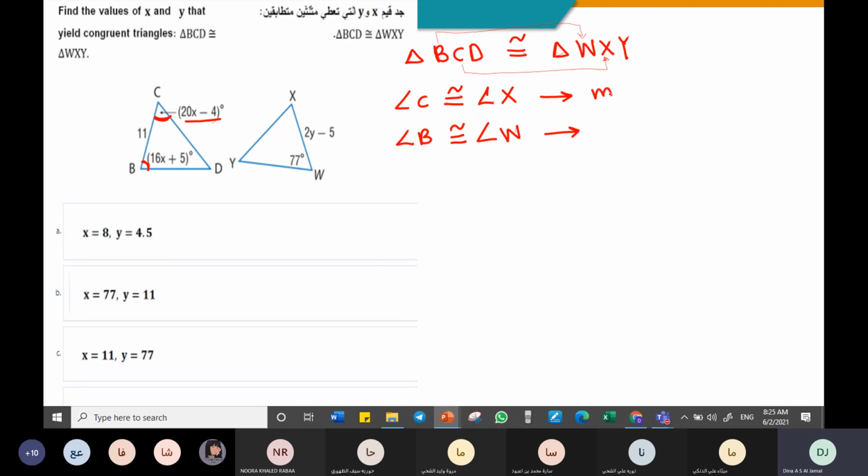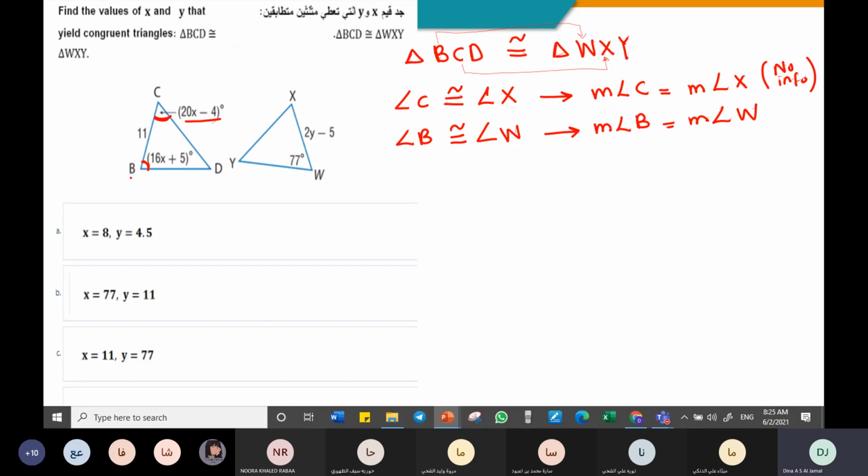That means the measure of angle C is equal to the measure of angle X, and the measure of angle B is equal to the measure of angle W. That means to find C, we need to have X. Do I have any information about X? No. So here I'm having no information, so I can't use it. Let's have a look at the other one.